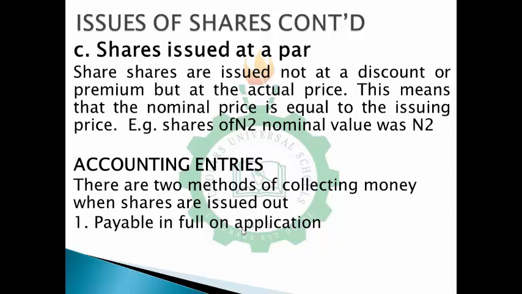And the second is payable by installment. When I say payable by installment, I'm not paying the whole money at a go. I'm paying in bits. Take for instance, I want to buy things of 10 naira. I say, okay, I'll pay 5 naira now, tomorrow I'll pay 3 naira, and next tomorrow I'll pay 2 naira. So I'm spreading the payment of the money. Whenever I'm not paying in full, if I'm paying in bits, if I'm spreading my payment, that is what we call payable by installment.